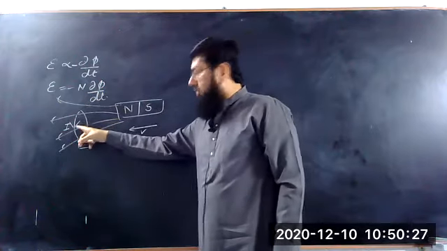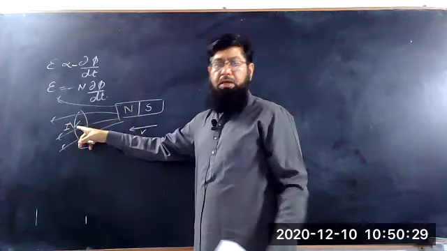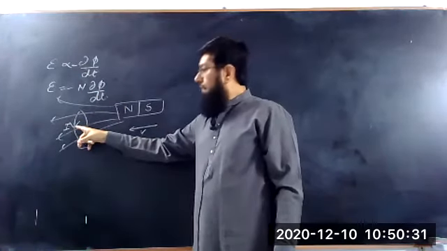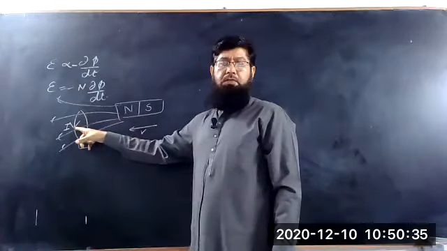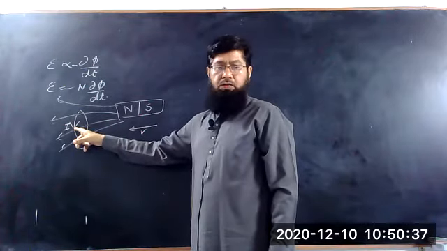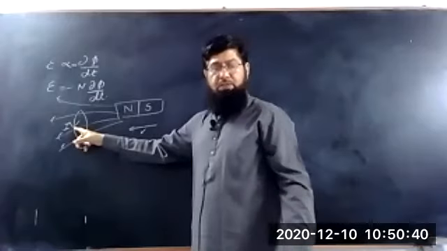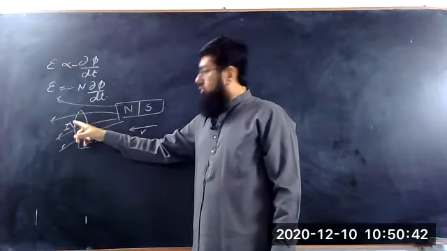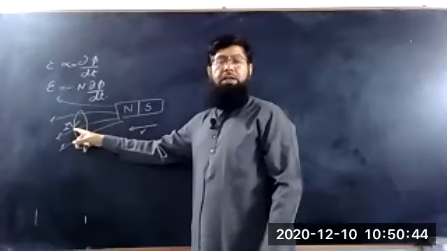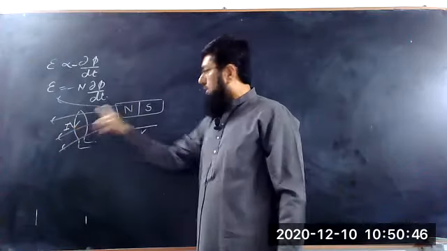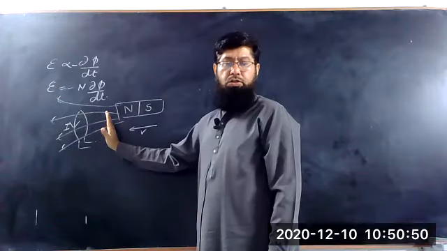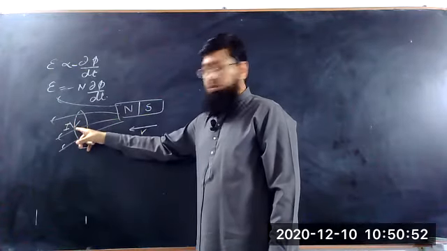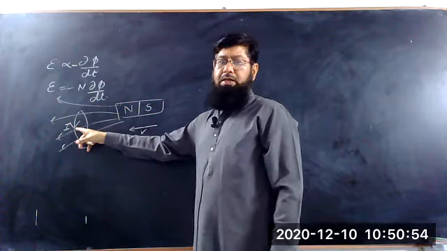Now this induced current, according to Ampere's law and the Biot-Savart law, will generate its own magnetic field, because whenever current flows in a wire or coil, it generates a magnetic field. So this induced current will generate its own magnetic field, which is different from the external magnetic field, different from the source.